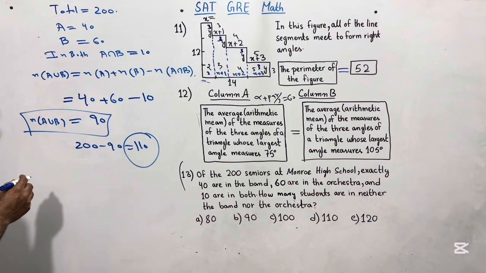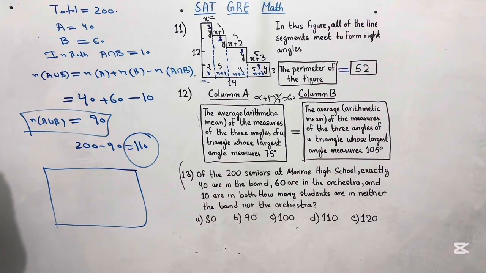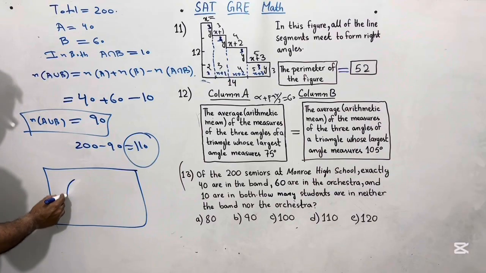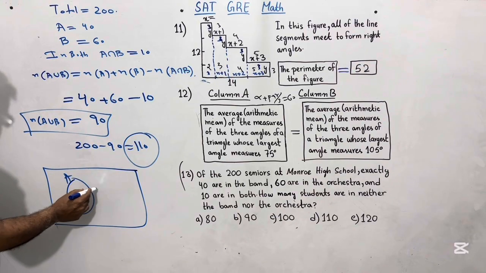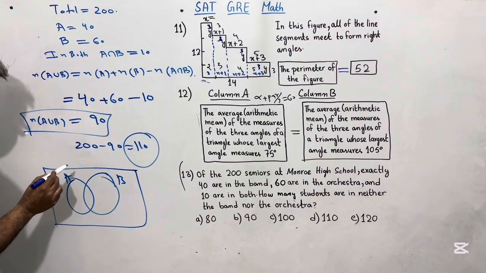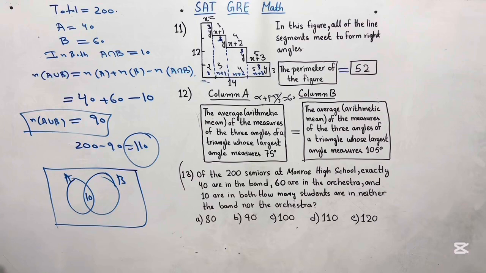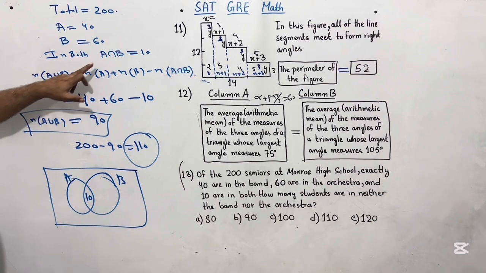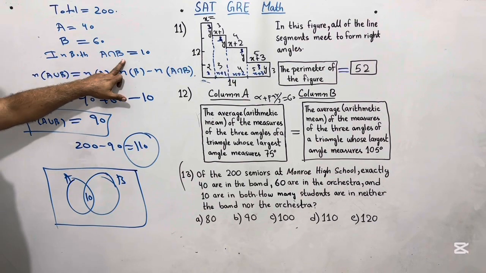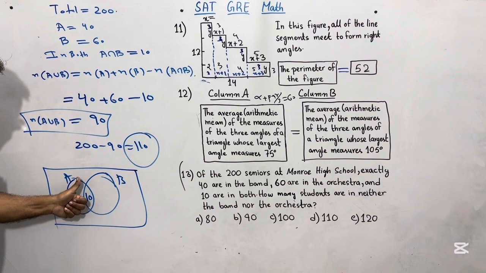Using Venn diagram, this can easily be calculated. Suppose this is our band, this is our orchestra. They have some overlapping portion. First of all, fill overlapping portion. 10 are the students that belong to both band and orchestra. Fill the overlapping portion 10.